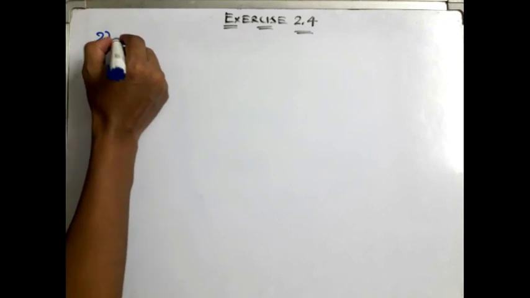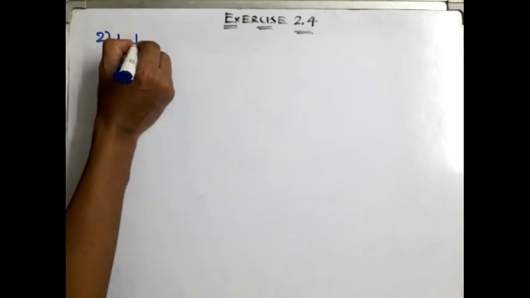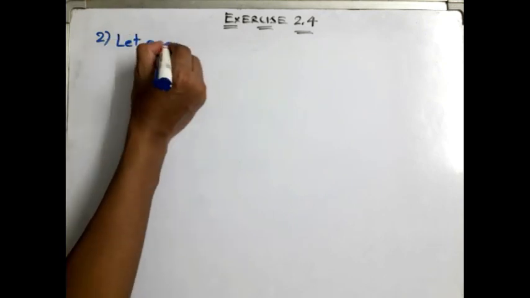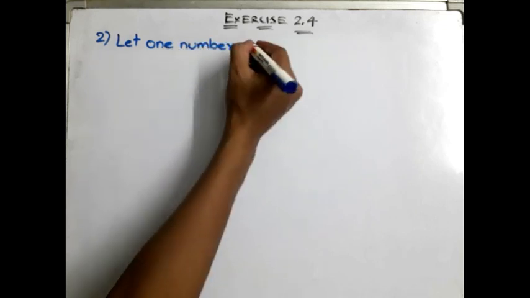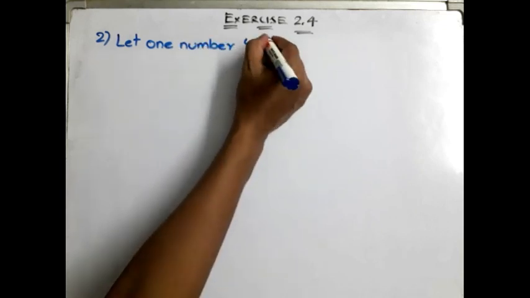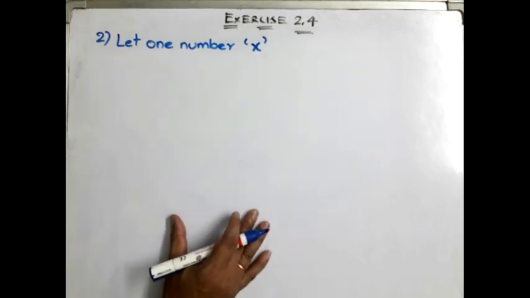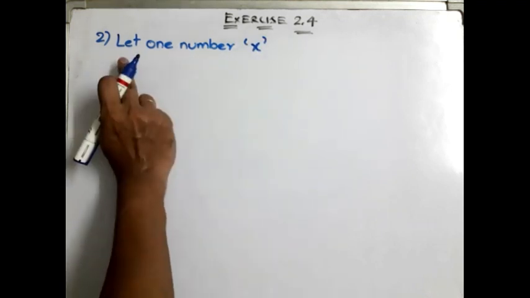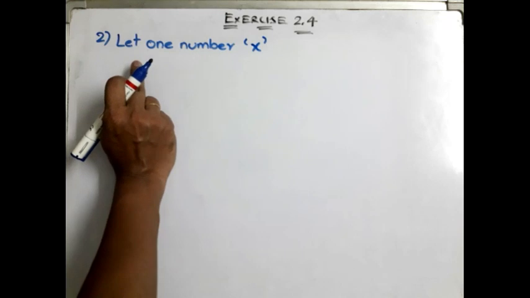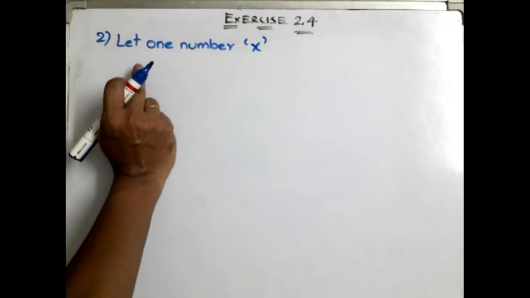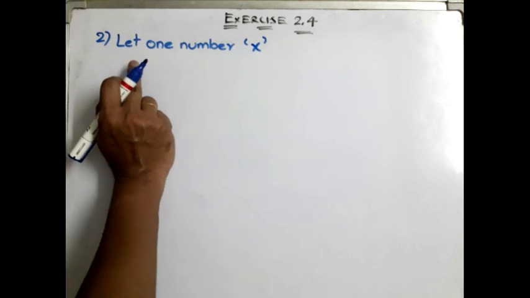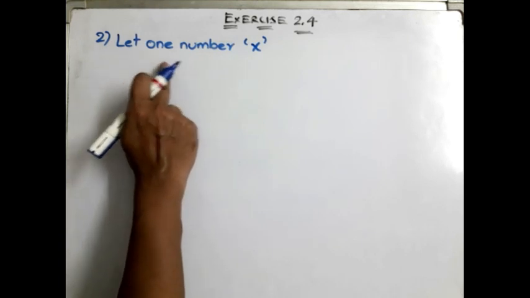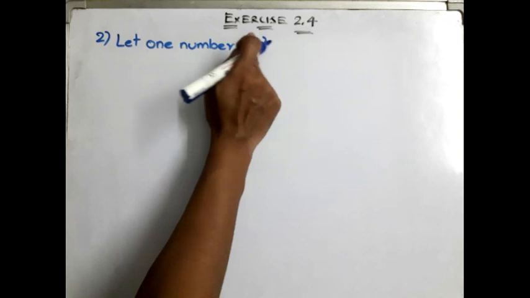So, let one number be x. Please keep the textbook with you while you are writing the solution and don't fail to write the question in the CW. As I am saying, for this kind of problems, understanding the question is very, very important. So, let one number be x.